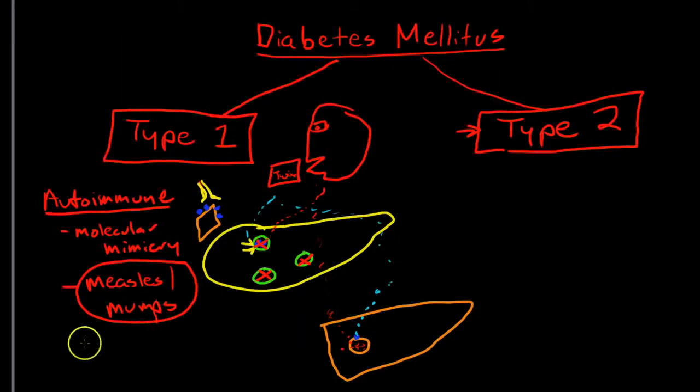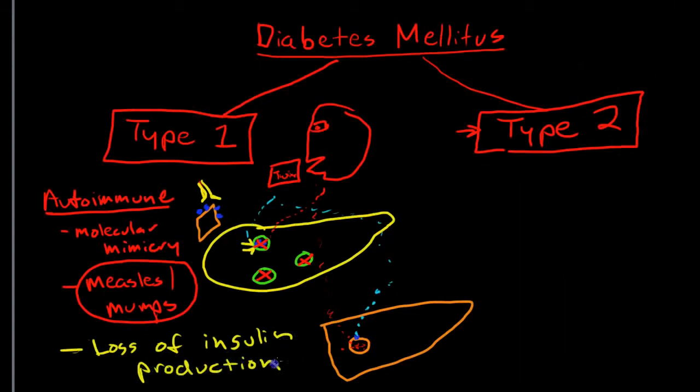So type 1 diabetes is defined by loss of insulin production, and usually it's relatively absolute. Most type 1 diabetics have absolutely no insulin production. They've lost all of their beta cells.